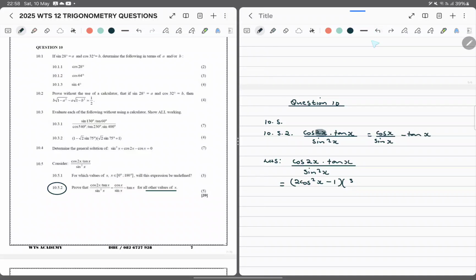Okay, let's do it this way. Times, we have, goodness, sine x over cos x. So there you are. Since we have fractions here, let's just say this is over 1, so that this looks nice instead of looking a little bit bad.